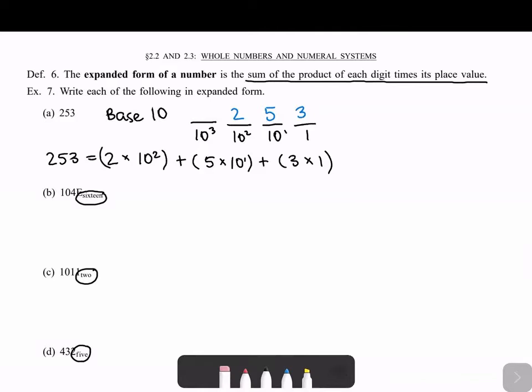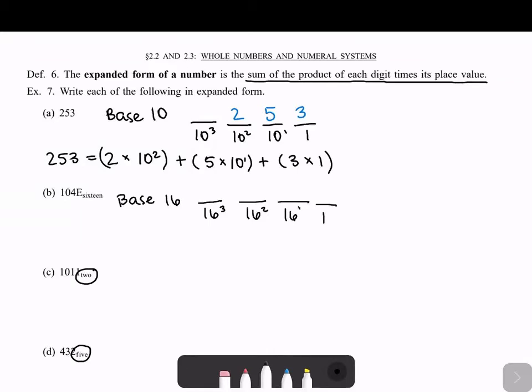So now let's go to an example with base 16. Remember we talked about base 16 at the very end of the last video. So with base 16, it's not 10, I'm just so used to base 10. We're going to have the 16 cubed place, 16 squared place, 16's place, and the ones place.